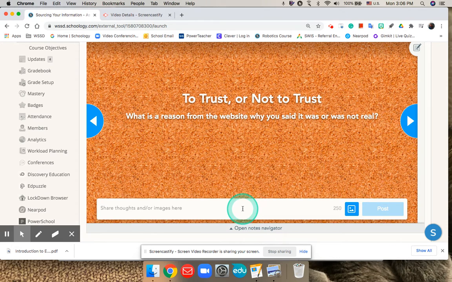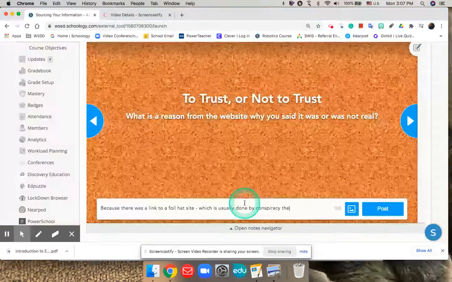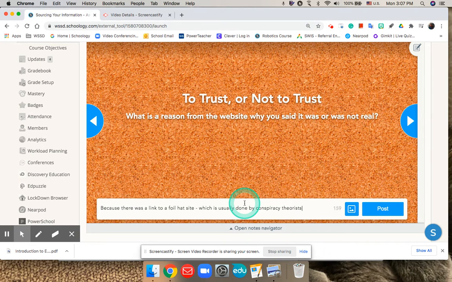And one of the reasons that I said it wasn't real is because there was a link to a foil hat site, which is usually done by conspiracy theorists. So people that believe aliens are scanning your brain right this very second and that kind of stuff.